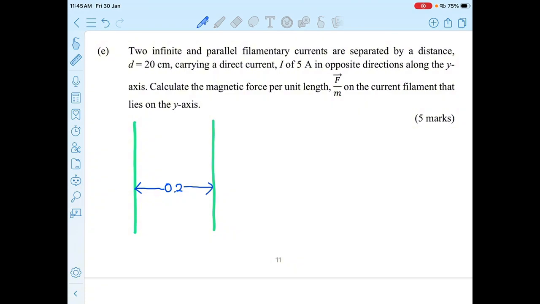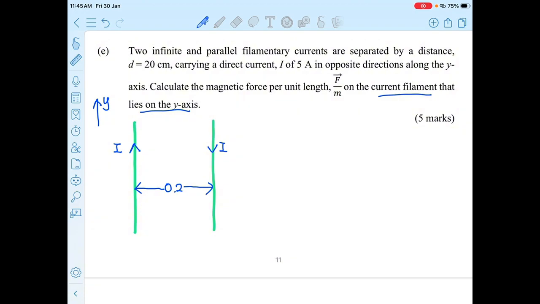Okay, carry current 5 ampere in opposite directions, so you can label the currents in opposite directions. Okay, along the y-axis, so this is the y-axis. So calculate the magnetic force per unit length on the current filaments that lie on the y-axis.